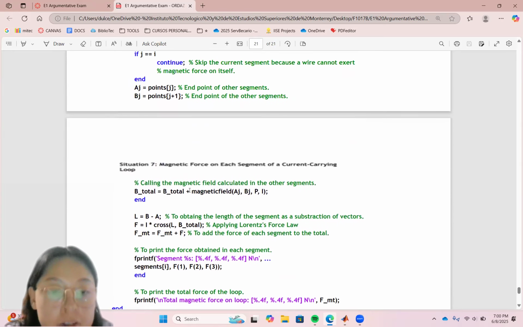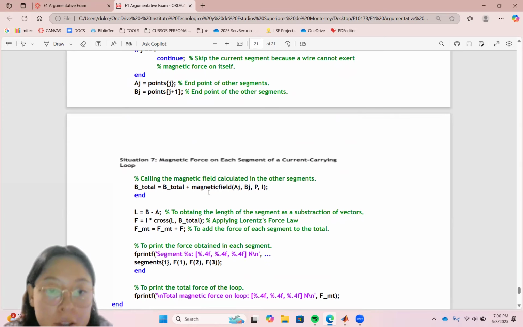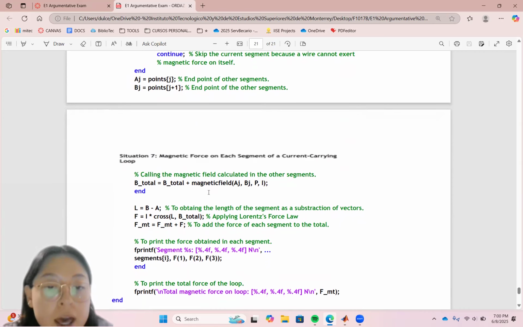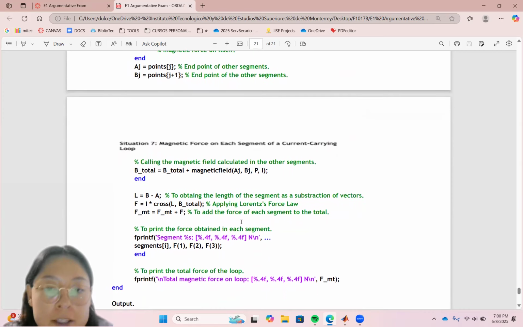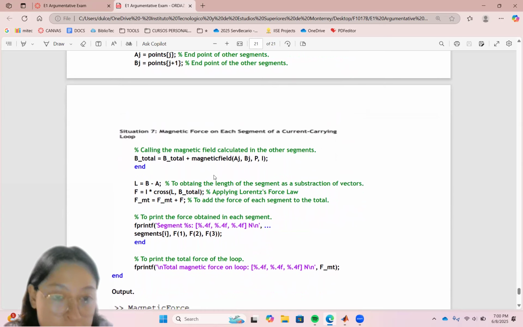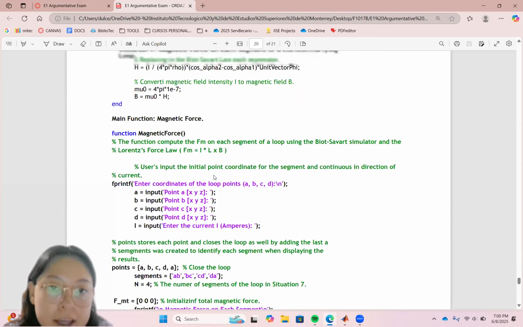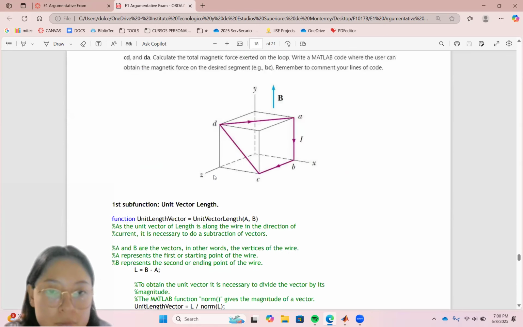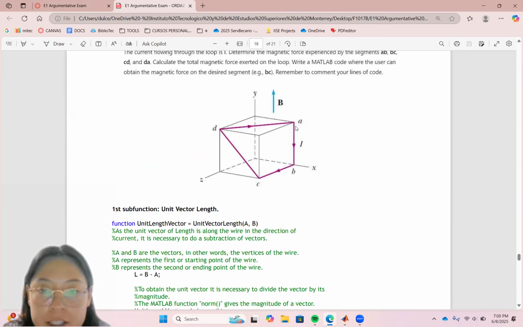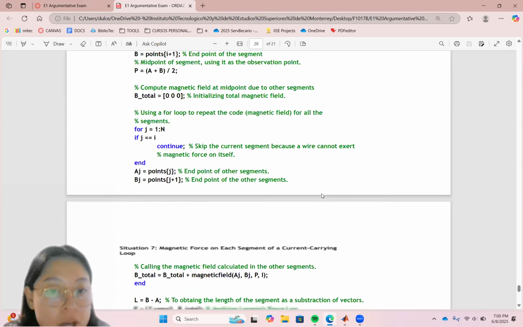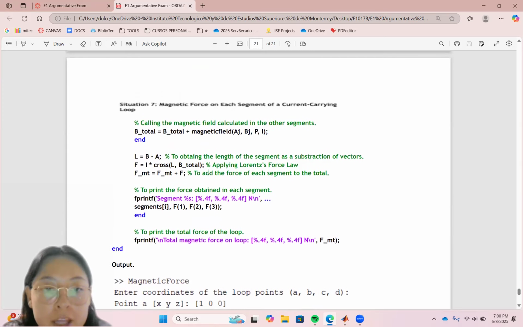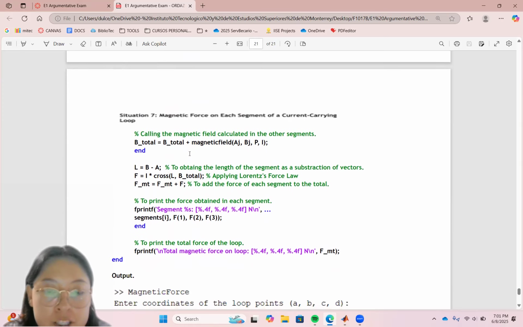In this step, my magnetic field variable is storing the magnetic field of each segment. And then to obtain the length of my segments, I did a subtraction of vectors, for example, of B and A. In this case, if B is here and A is here, I just make a subtraction. Then I make the cross product as the Lorentz force indicates.